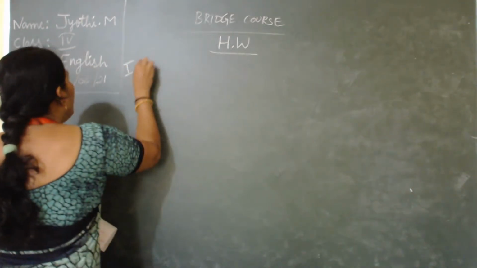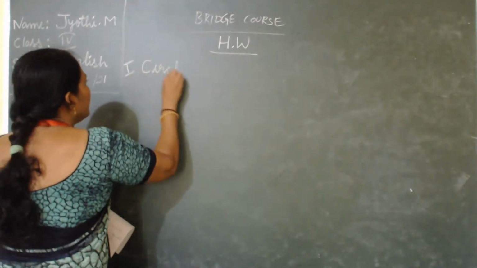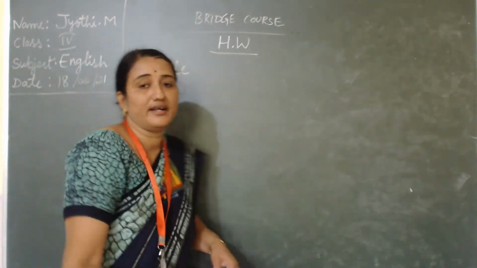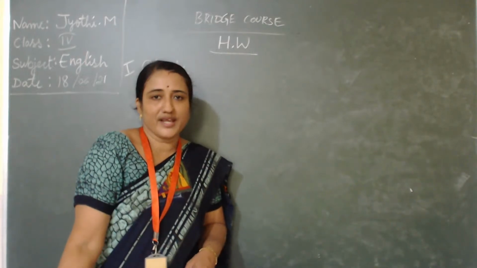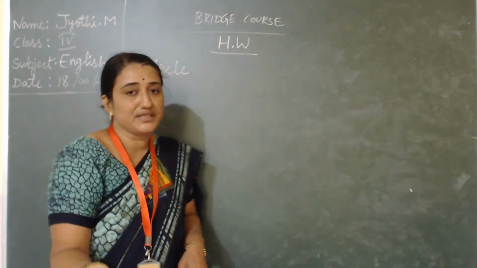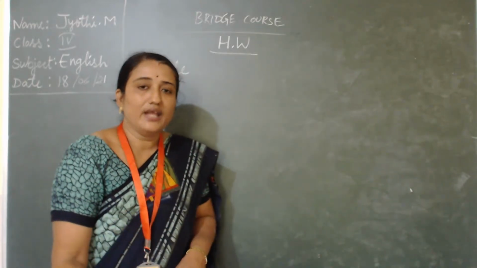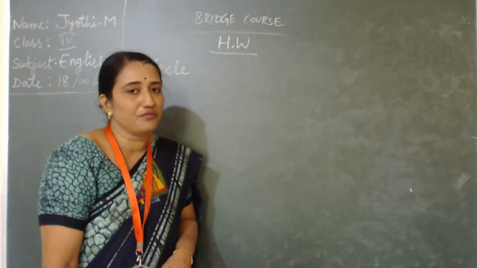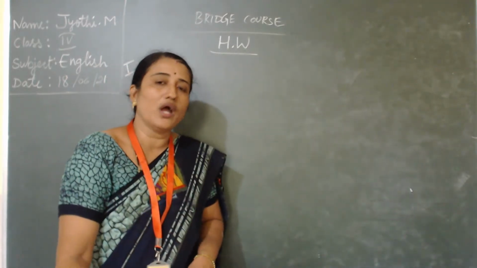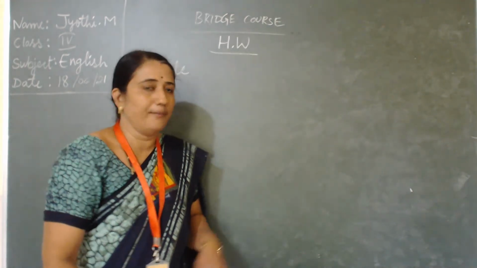You have to write it only one time and practice. And even I told you to practice the definitions of word, phrase, sentence, and now I have given the definitions of subject and predicate. Those 5 you have to practice in English rough notebook 2 times. And this activity which I am giving you now, you have to practice only 1 time.